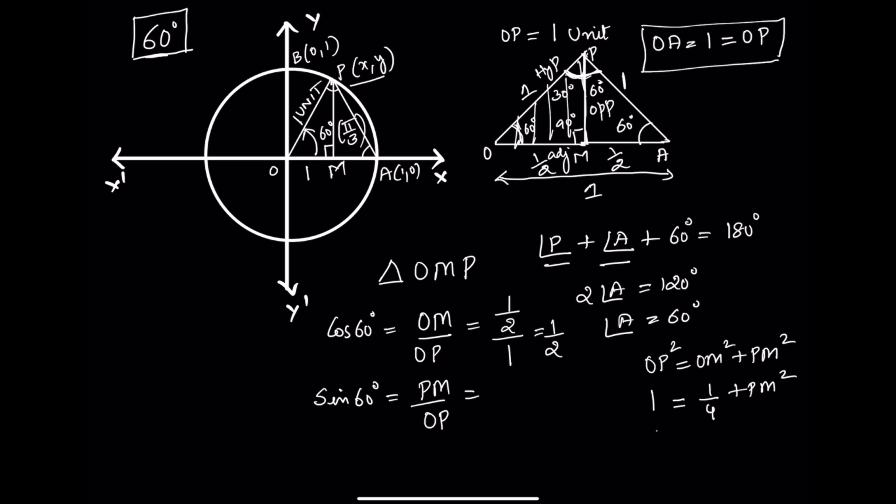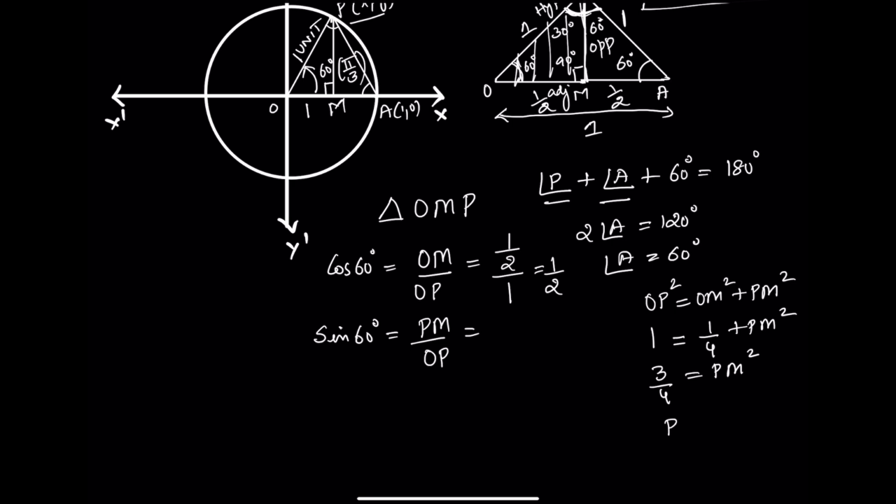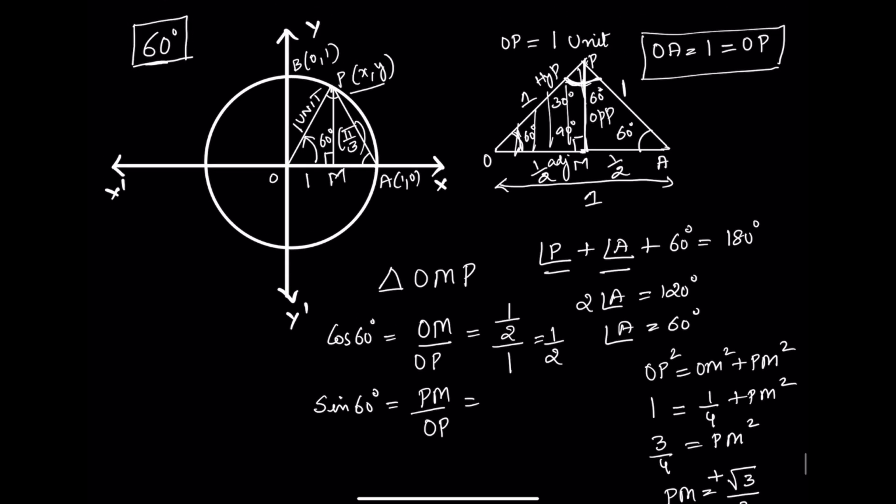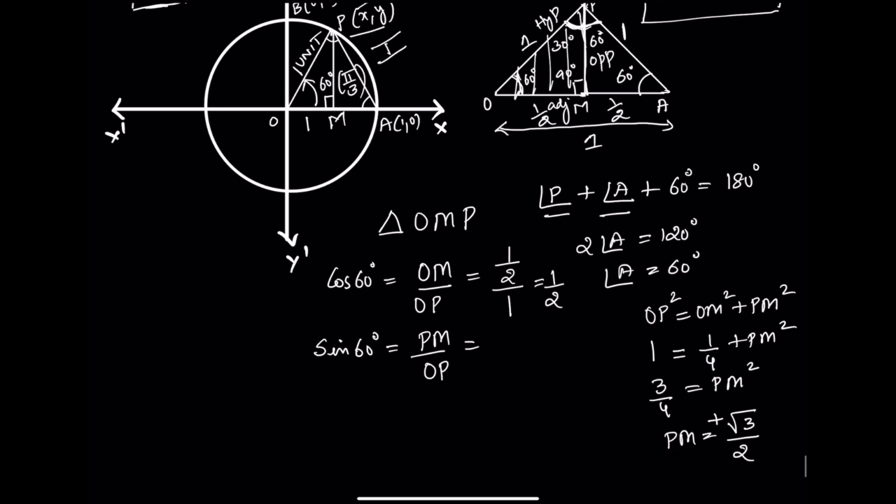And this will be 3 by 4 is equal to PM square, and PM is equal to square root of 3 by 2. Again, why are we only considering the positive value? Because 60 degrees is formed in the first quadrant. In the first quadrant, both x and y values are positive. So we are only considering the positive value, which is square root of 3 by 2.